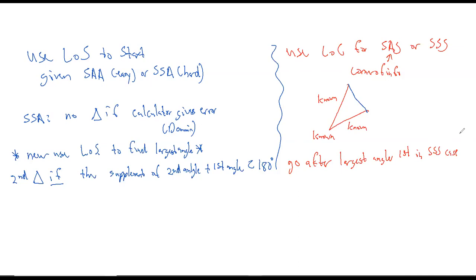Some people will say you can just make sure that you find the largest angle by doing 180 minus the first two that you find by law of cosines and law of sines, and that works as well. It's just a lot more common to go after the largest angle first because that's what we've done classically. But what I just said previously, and I don't want to say it too many times so I don't confuse you, that would work as well, because you would guarantee that you're not trying to use the law of sines to find the largest angle.